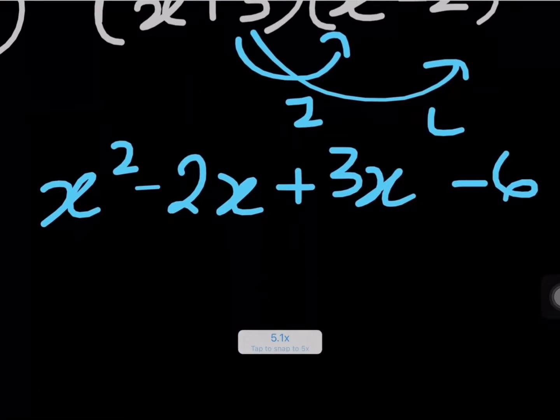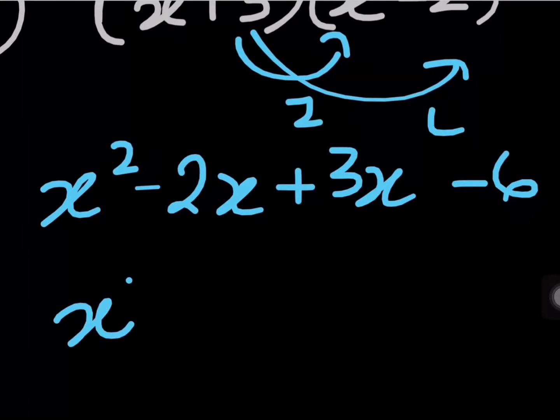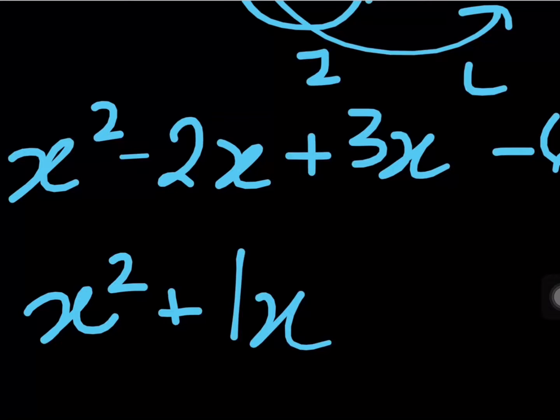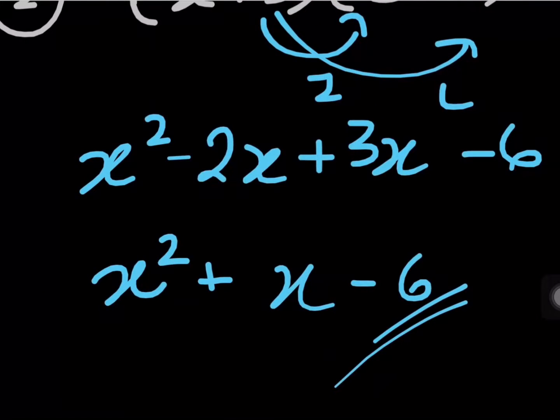So now again we can simplify these: x squared, and 3 minus 2 will be 1, and since 3 is the greater value and it has a plus symbol, we usually take the symbol of the greater one, so it will become plus 1x, but we don't usually write 1 in front of unknown terms, so we just keep it as x and minus 6, and this is the answer. I hope you got it correct.